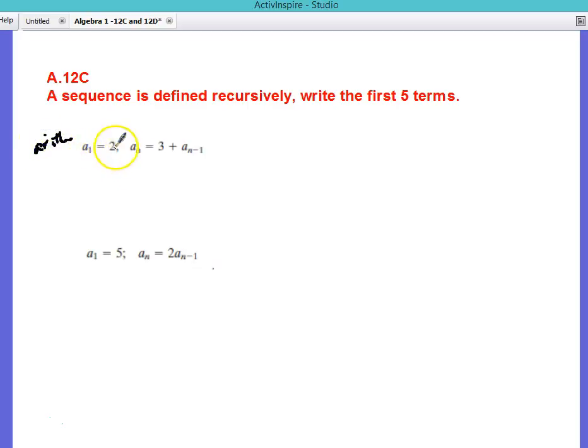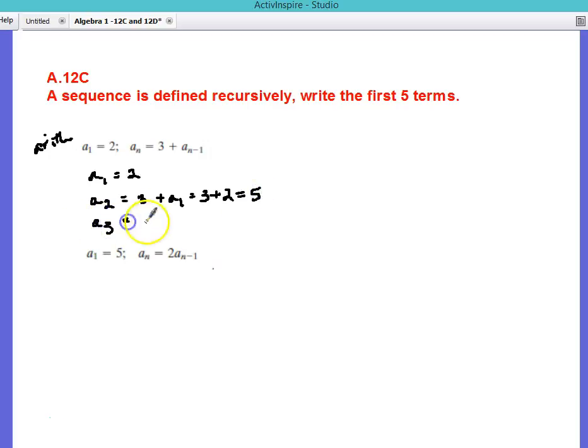So we start with our first term. It's already given. A sub 1 equals 2. A sub 2 is dependent on that last term. So A sub 1 plus 3 would be A sub 2. In this case, this is 3 plus 2, which is 5.